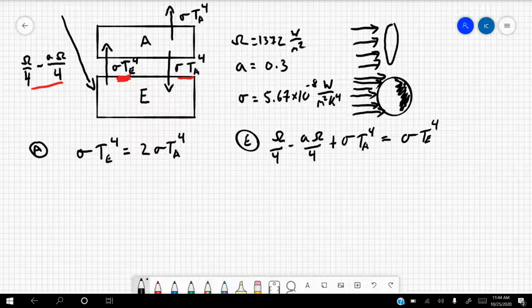The one difference here is that when I solve for a temperature, I'm not going to solve the equation completely so that I just have TE or TA alone on one side of the equation. I'm actually going to take advantage of the fact that everywhere in our system of equations, our temperatures are raised to the fourth power and being multiplied by the Boltzmann constant.